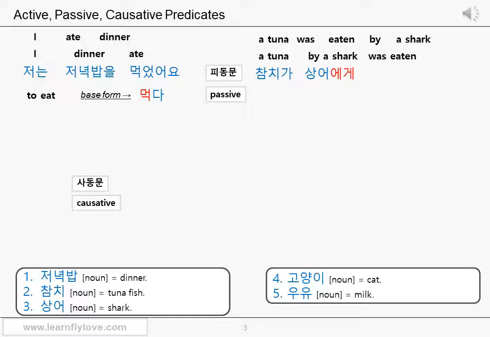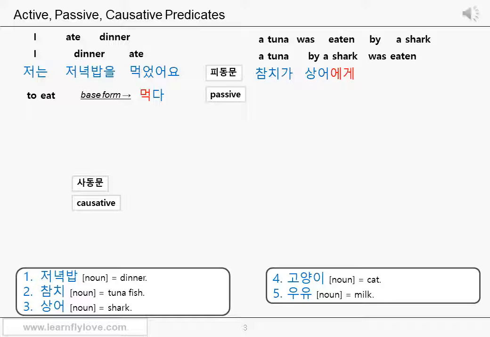You use the particle 에게 for this to someone part. 상어에게. What particle can you use in substitution for 에게 in spoken Korean? Yes, 한테. Therefore, 상어한테 is totally okay too. Please remember that this particle 에게 and 한테 are normally used for a person or people or living things such as animals. Again, 상어에게 or 상어한테, by a shark was eaten.